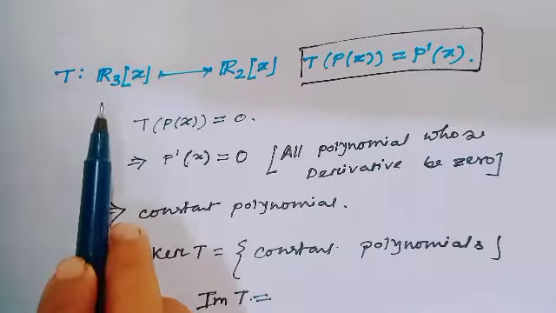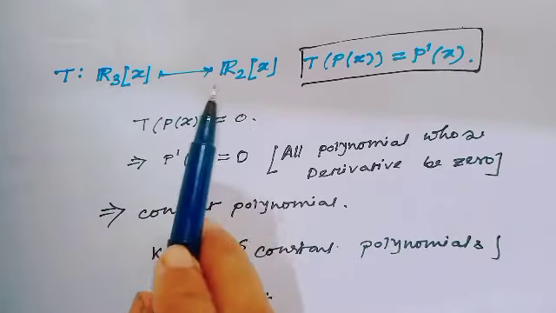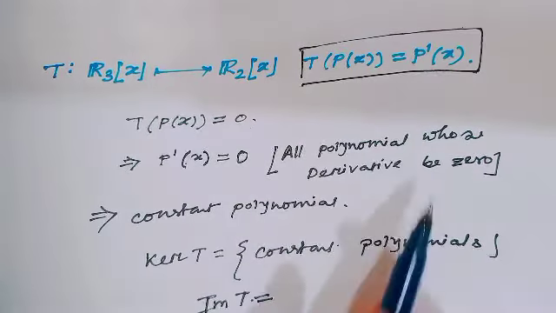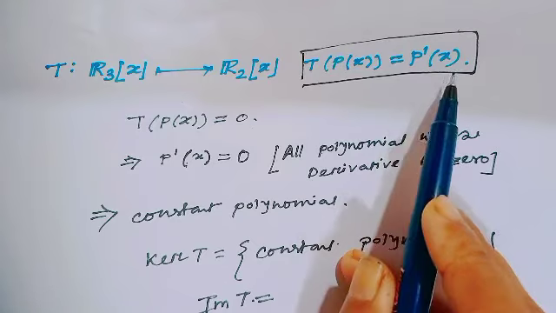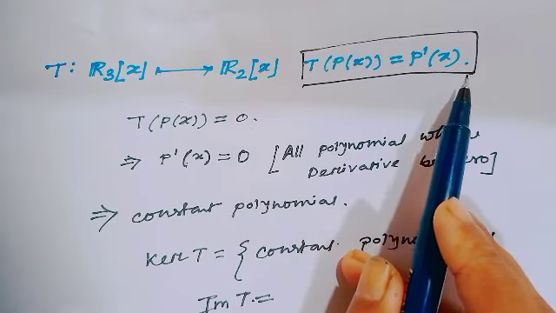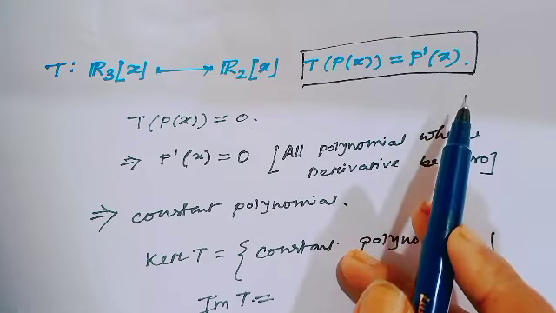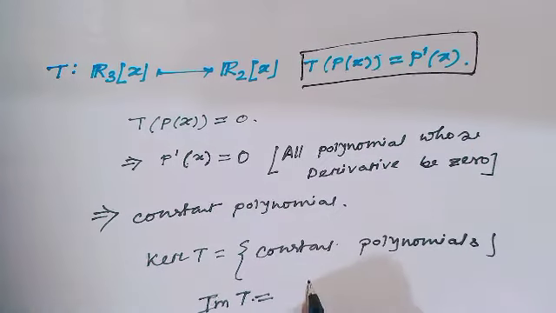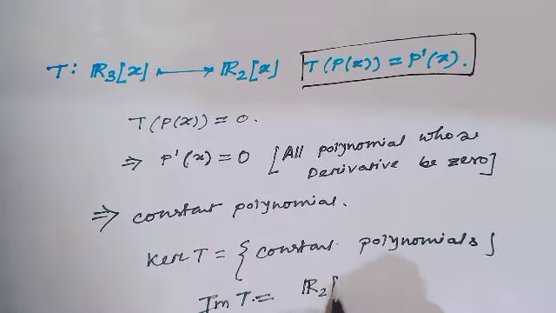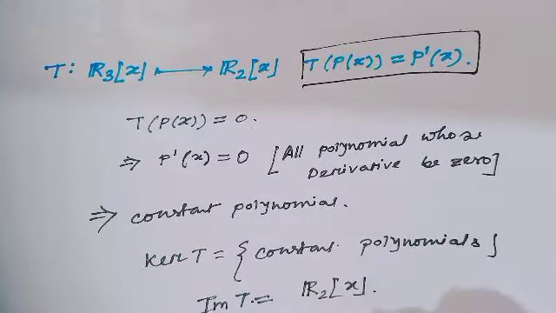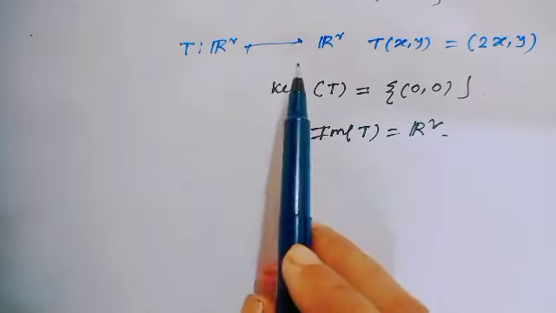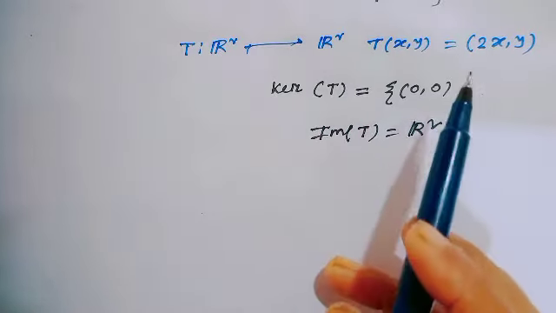Here the domain is R3[x] and the codomain is R2[x]. The first derivative of this polynomial would obviously be a second degree polynomial. That means image T would be the whole R2[x]. Okay?